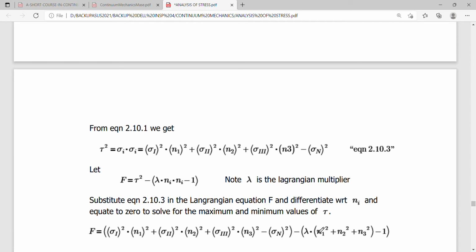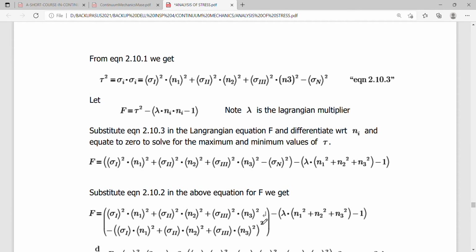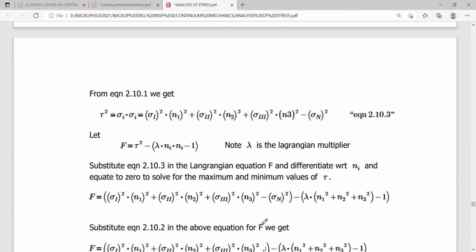So let's use the Lagrangian technique by using a Lagrange multiplier lambda in order to maximize and minimize the values of your direction so as to give us the maximum and minimum values of the principal stresses, considering of course the normal and the tangential components, which is the sigma n and the tau values.